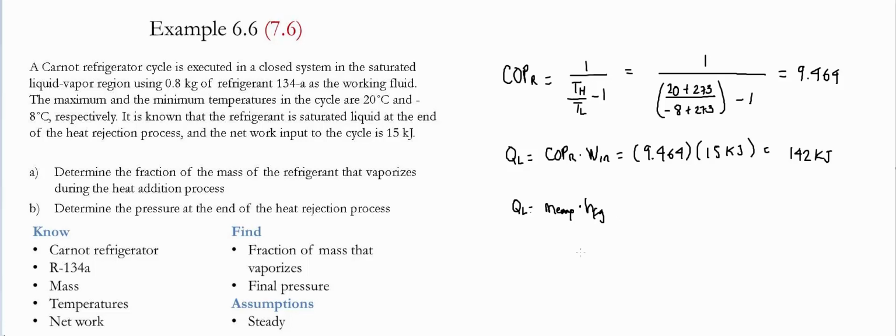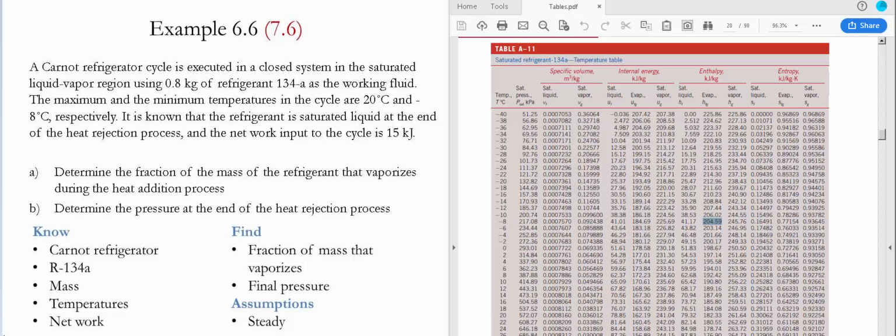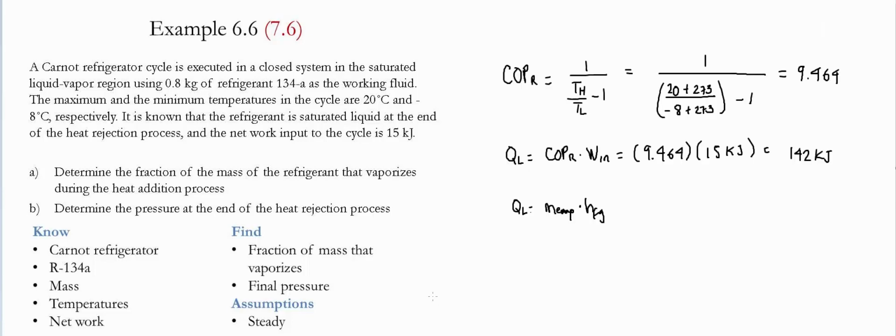In order to do that, we go to table A11 for the refrigerant, and the low temperature is -8, and we see the value for enthalpy of vaporization is equal to 204.59 kilojoules per kilogram.